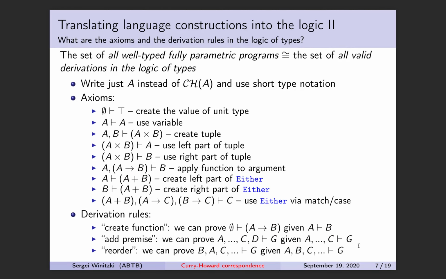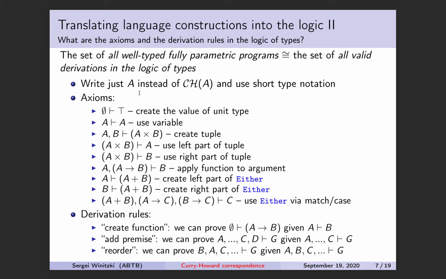As we have seen, we have written down all the possible code snippets in fully parametric programs, and so we have found a set of all valid derivations in the logic of the types.